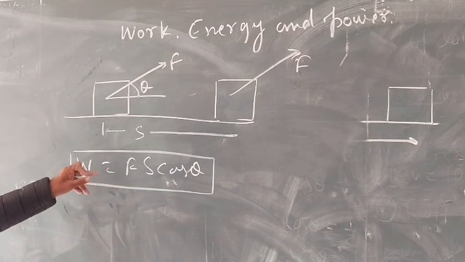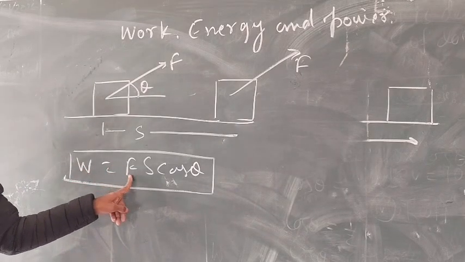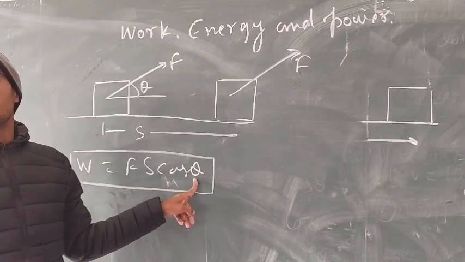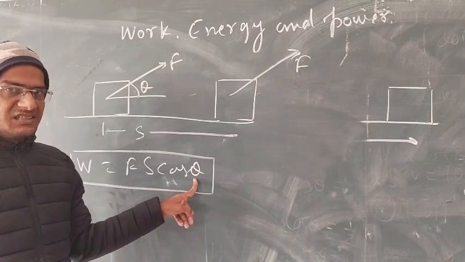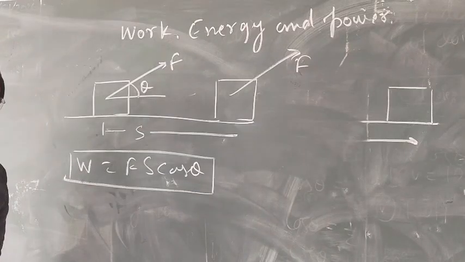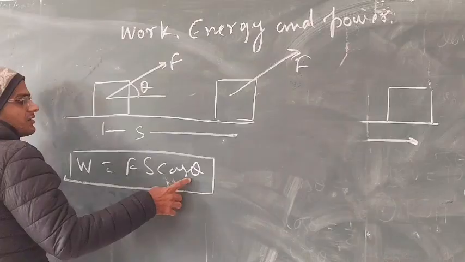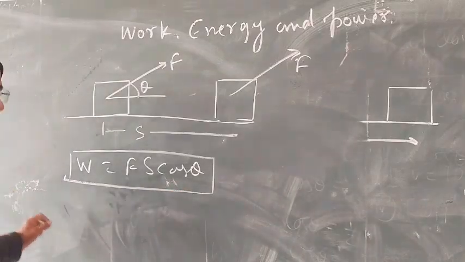So here the work depends on three factors. The first one is the force, the second is the displacement, and the third is the angle between force and displacement. The work done will be positive if F is positive, S is positive, and cos theta is also positive.